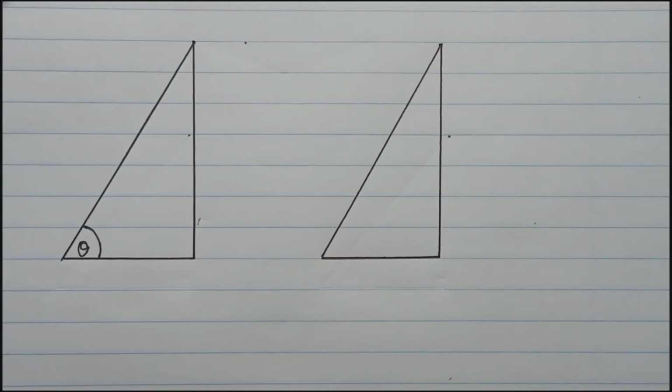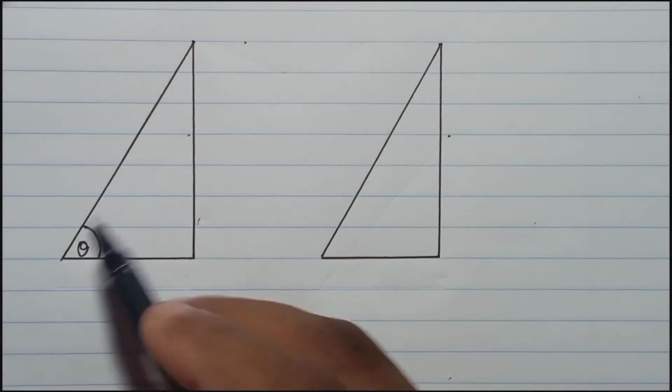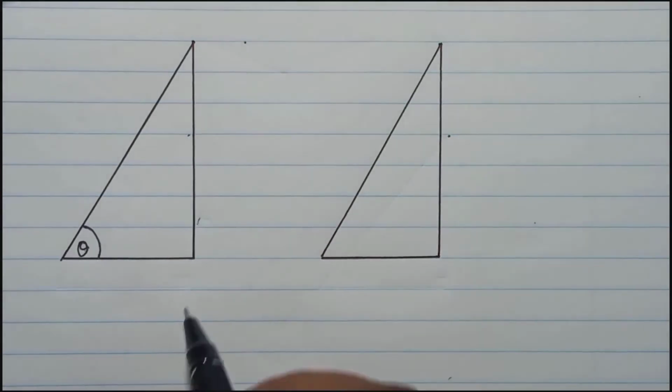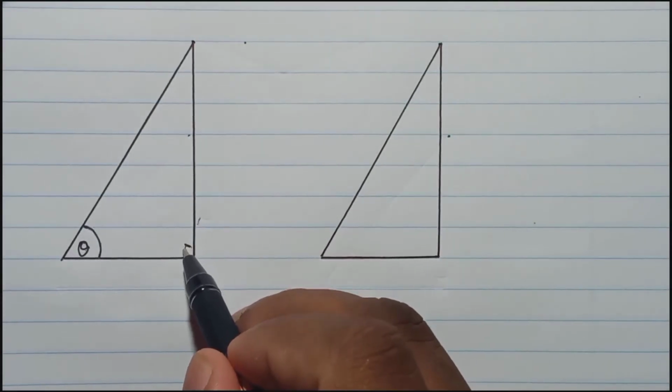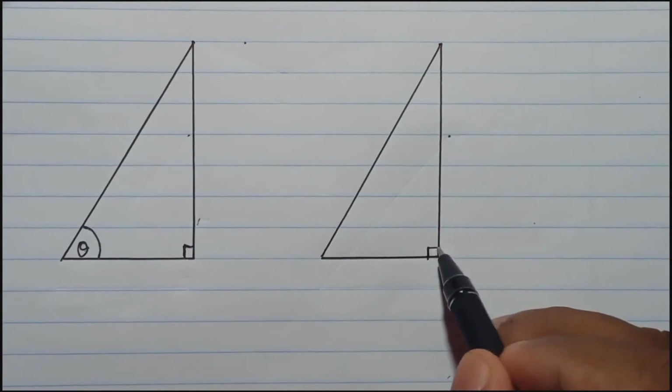Okay, before understanding the sine ratio, cos ratio, and tan ratio, you need to know some other things. These words: opposite, adjacent, and hypotenuse. Now, think of these two right angled triangles. Here is the right angle, and here is the right angle.